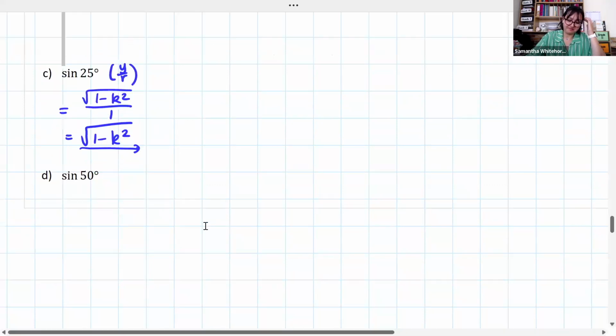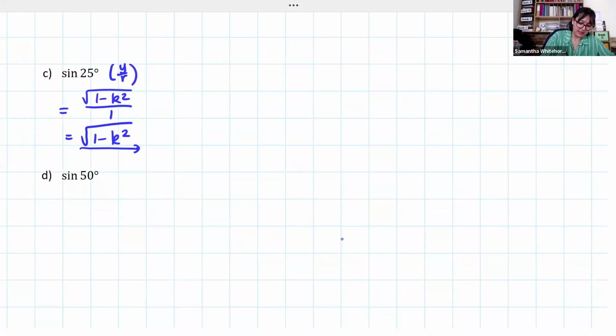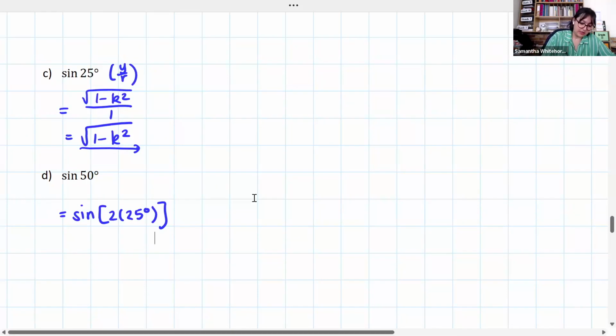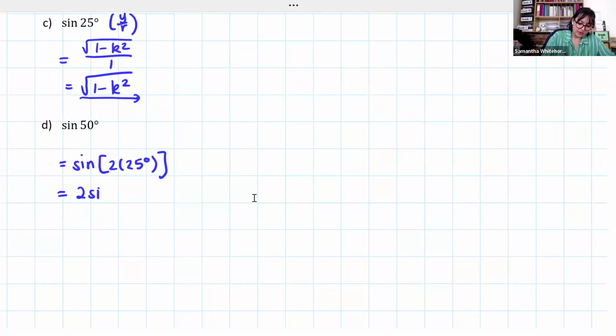Okay. Sine of 50. Again, it's a double angle, right? And it's a double angle using one of the angles we have. So sine of 2 times 25 degrees will give me sine of 50. Now the sine double angle, obviously there's only one formula for it. So 2 sine 25 times cos 25. And once again, you have all of this information.